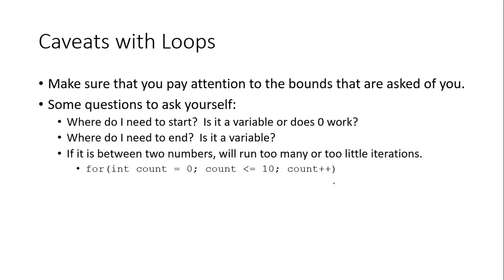Because from 0 to 10, that's definitely 10 times. But wait, that's not 10. This is actually going to run 11 times. Okay? One too many times. Because of this little tiny equal sign right here, it's going to mess up everything. It makes us run way too many times.